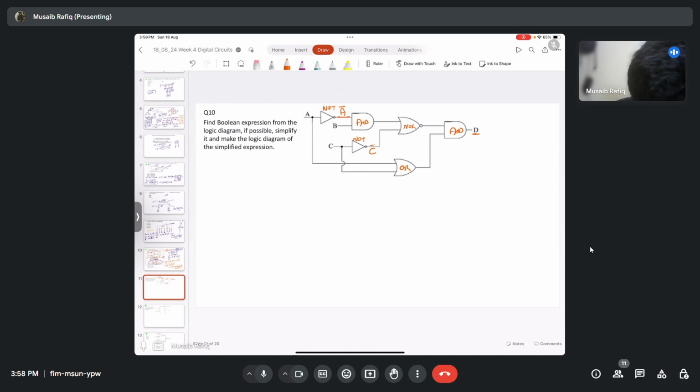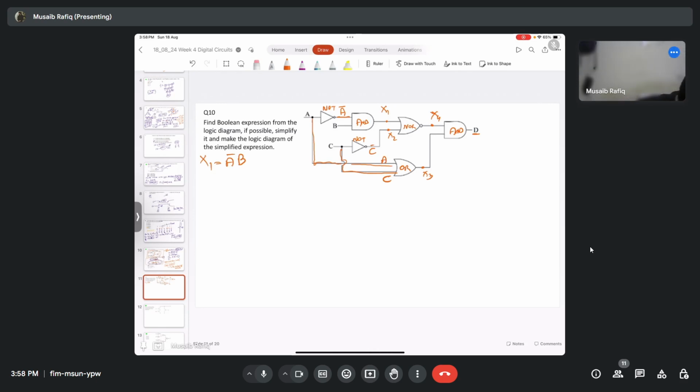And here A is coming here, and here this C is coming here, so it's C. Now let me just mark these x1, x2, x3, x4, right? So x1 will be simply equal to A bar B. Am I right? Yeah. X1 will be equal to A bar B.